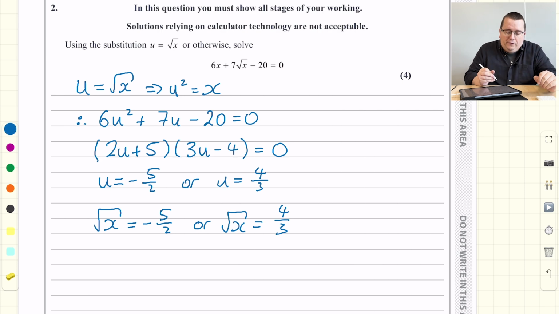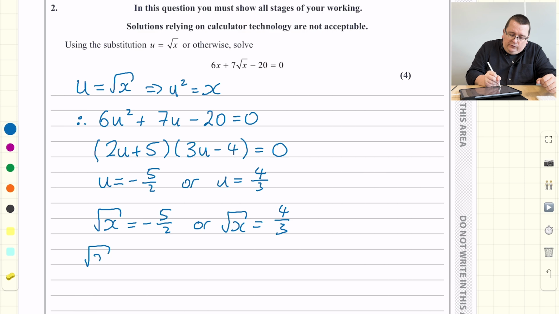Now, the reason for that is that when you are square rooting a number, x here would obviously have to be greater than or equal to 0. When you're square rooting that, you're taking the positive square root. So there's no plus minus at the front. So the positive square root will just give you a positive number, not a negative number. So it can't be minus 5/2.